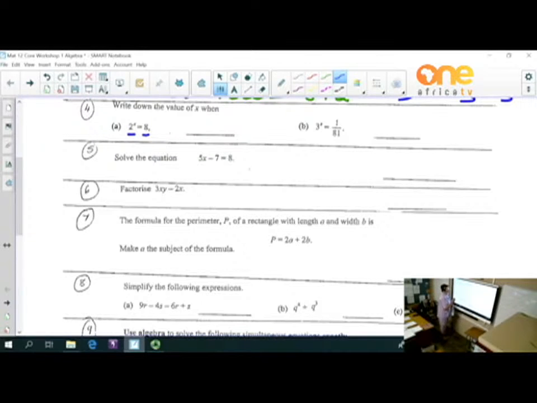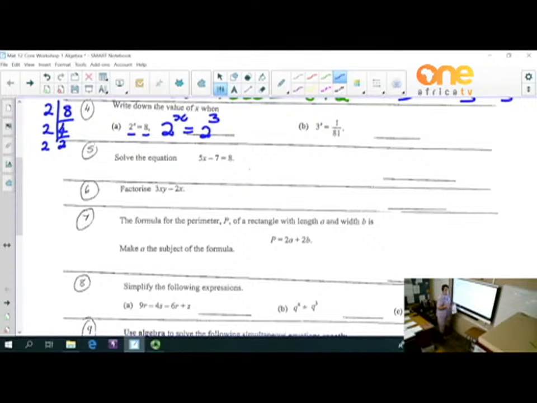You learned this method in grade 8, where you divide with prime factors. The prime factor that we're going to divide with here is 2, 2, and 2. So it means that 2 to the power of x is equal to 2 to the power of 3. 1, 2, 3. That's how I get it.